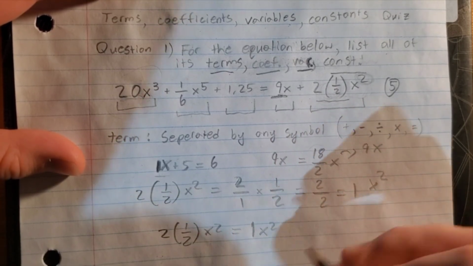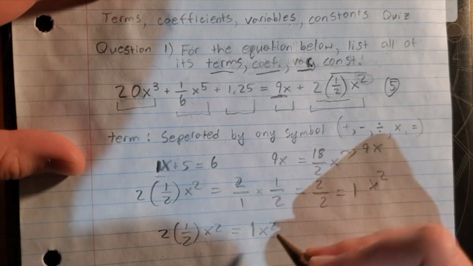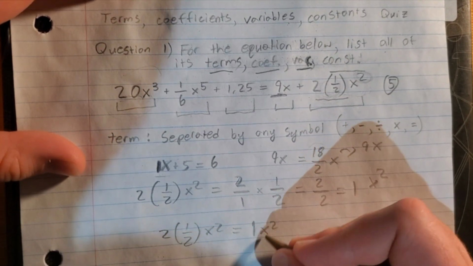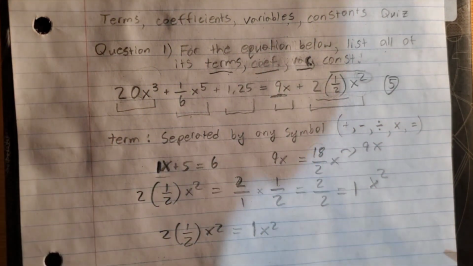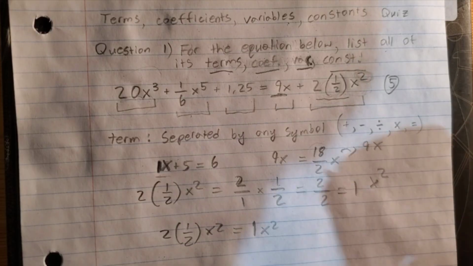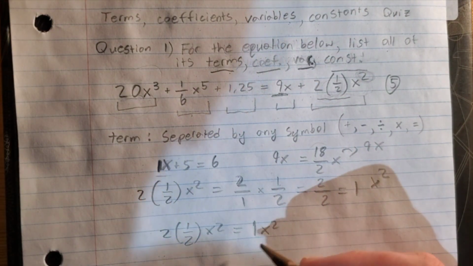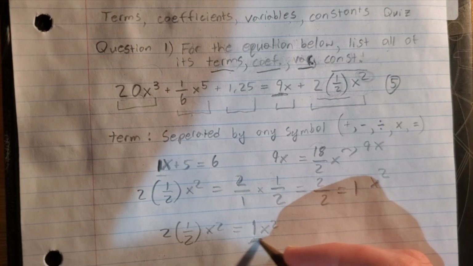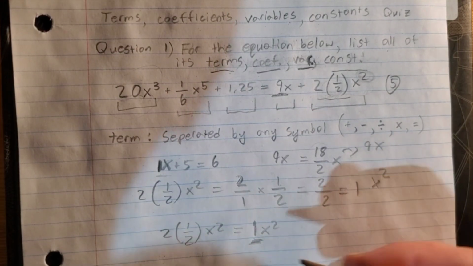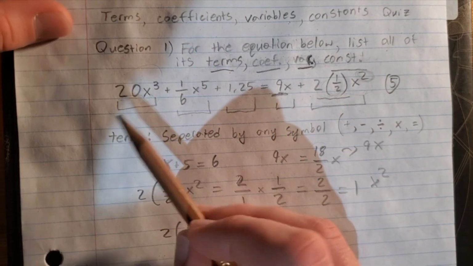I'll just write 1 x squared. Later on, you guys will just realize that it's 1 and not have to write it. But since we're kind of learning about it, I'll write it. But it's just 1 x squared, right? Easy. So what's the coefficient? 1. Easy. It's got a buddy named 1. Cool. Easy.